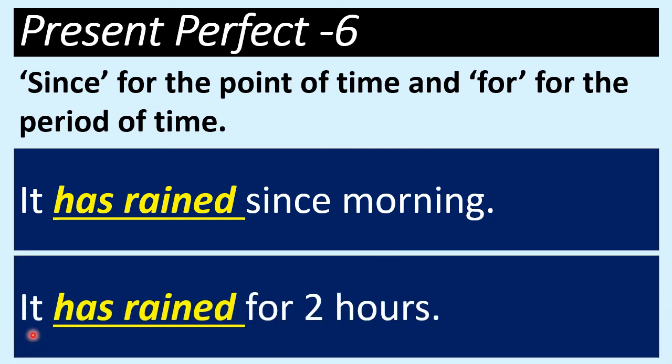Look at the second sentence. It has rained for 2 hours. Here the time is not specified and maybe it's morning and it's still raining. One thing is important here: since is for a specific time point, and for is for a period of time.